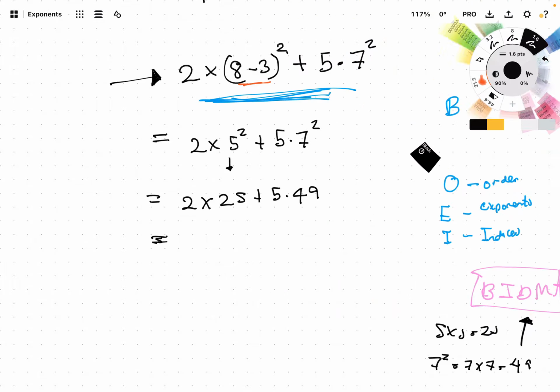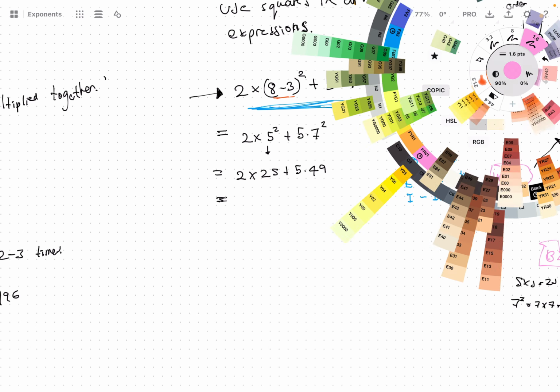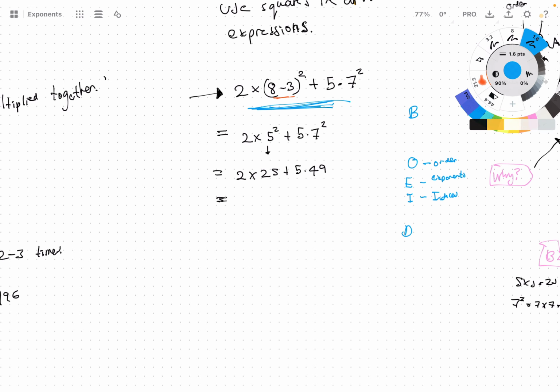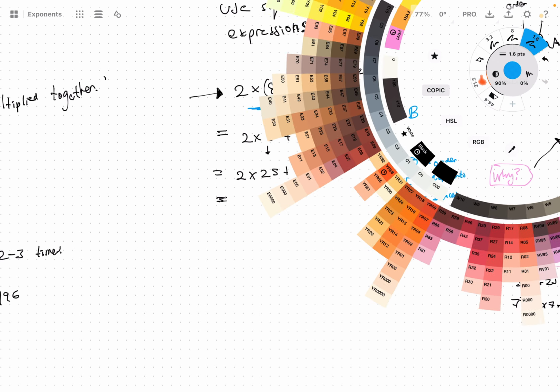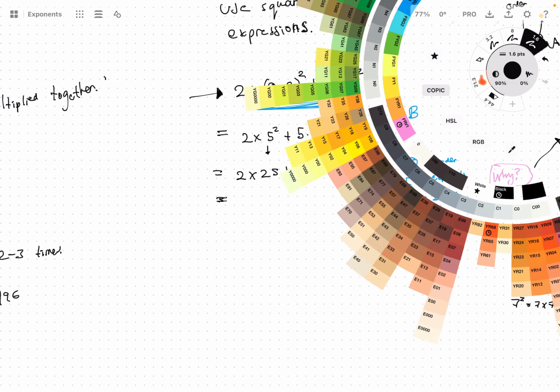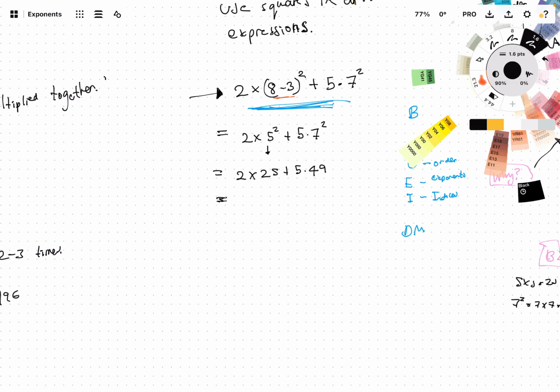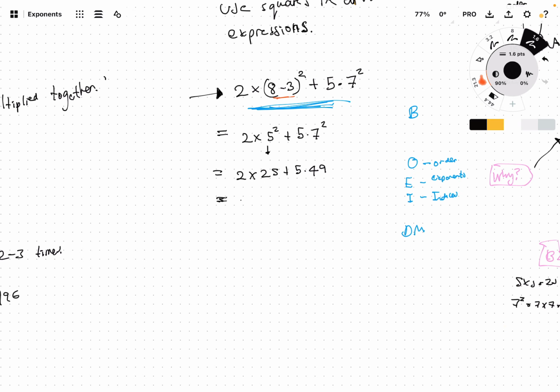Now we're going to do division or multiplication. Division here, there's no division. We've also got to look for multiplication. 2 times 25 is 50. 5 times 49, let's do that.